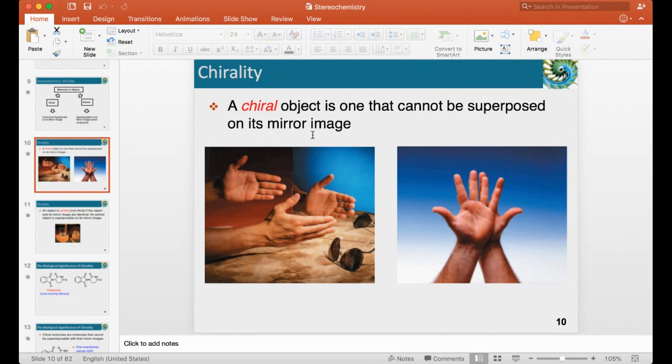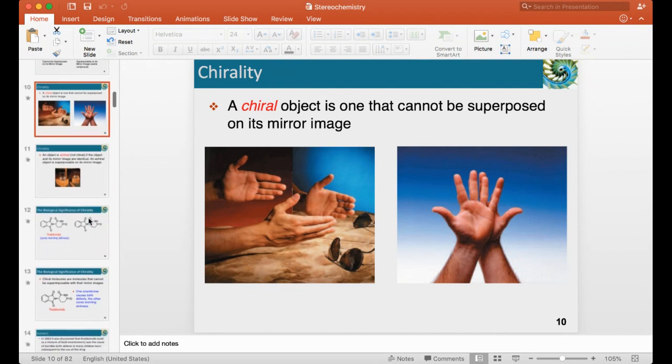Just put it as is on the picture, and you can see how one is a reflection of the other one. If you try to superpose them as you have it on the right picture here, they don't match. The fingers don't match. So basically it means that we're talking about a chiral object. Okay, your hand is chiral.